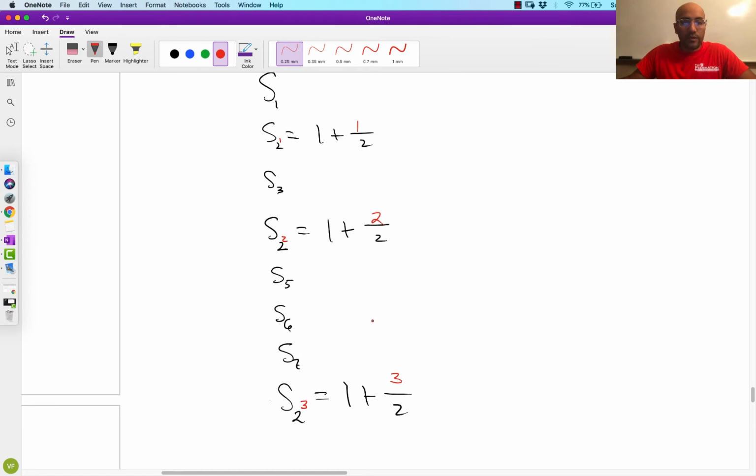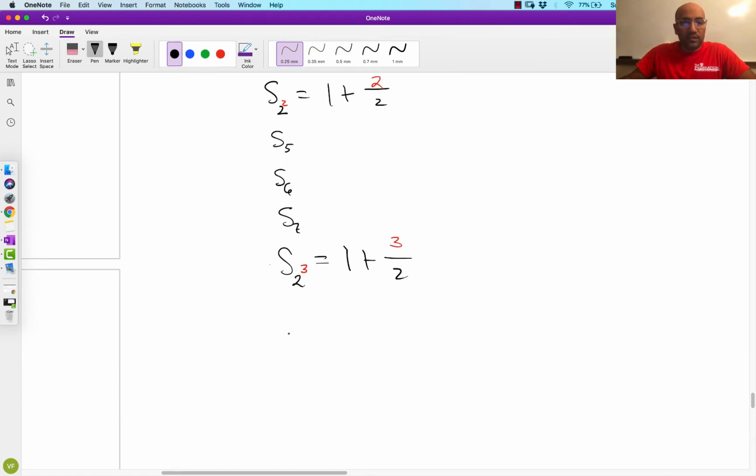And then the last one we actually did was 16. So this is s sub 8, then this s sub 9, s sub 10, right? A bunch of ones that we didn't touch. But then we focused on s sub 16, which is equal to 2 to the power of 4. And that one is equal to 1 plus 4 over 2.